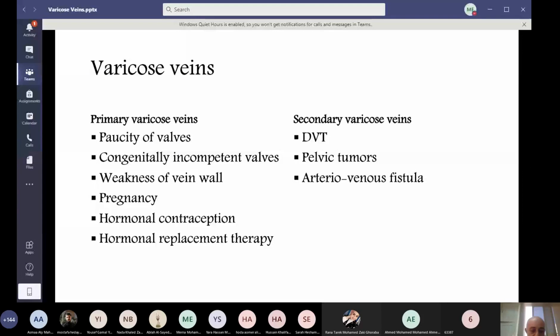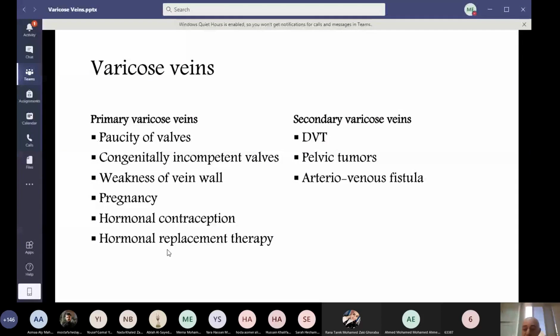Hormonal contraception or contraceptive pills work the same way, with a relaxing hormonal effect over the veins, and also the hormonal replacement which is used to control patients with menopause.